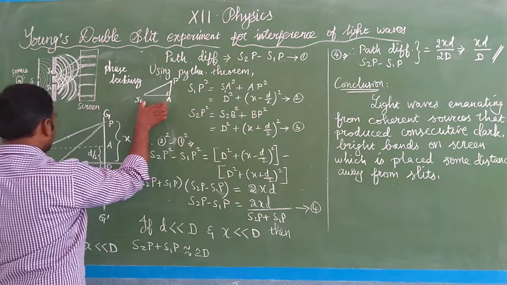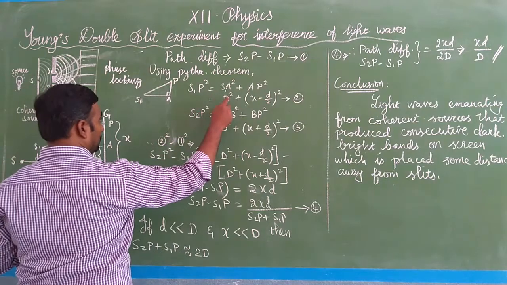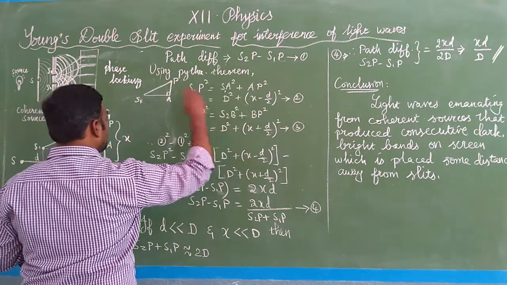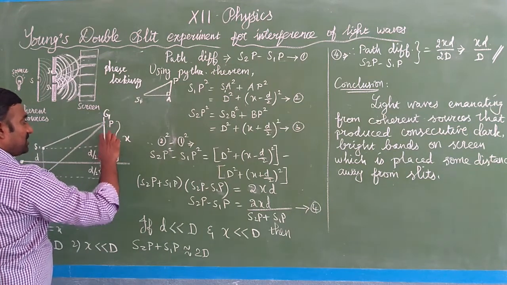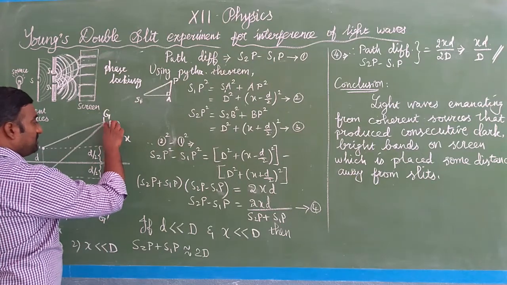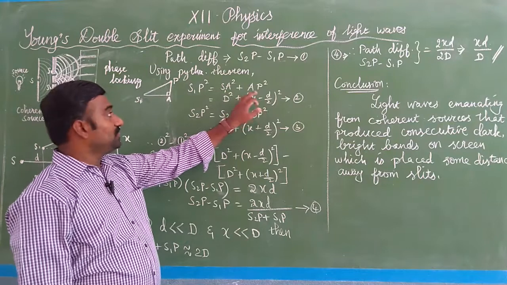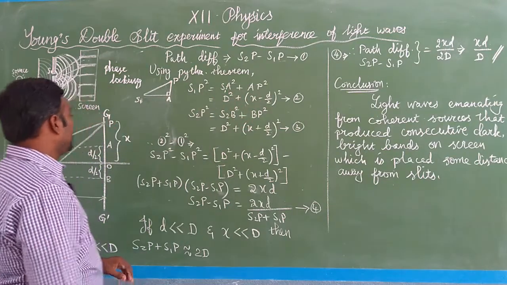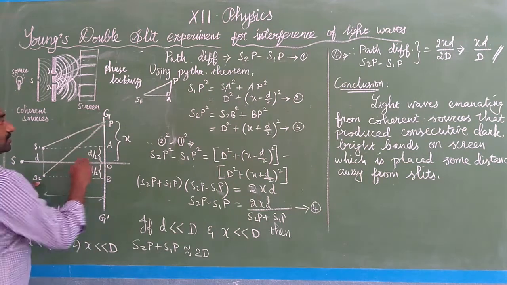S1A is parallel to the screen, so it is D, giving D square. And AP is nothing but x minus d by 2. So this is S1P square. And then the next right angle triangle is S2PB. What is the next triangle?